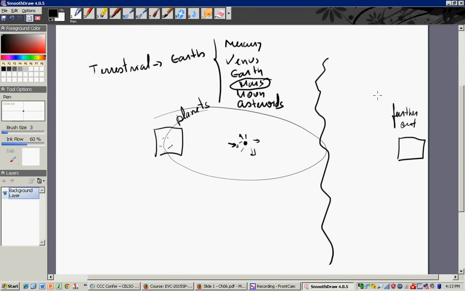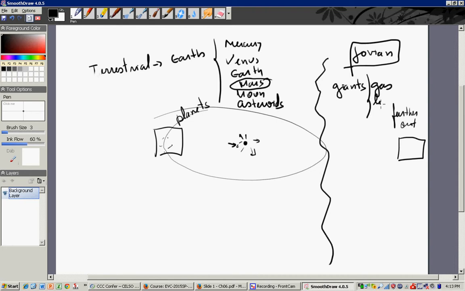Now, if you go to regions further out, we find the region of the Jovian planets, or planets that resemble Jupiter, sometimes called Jovians. In some books, they don't call them Jovians, but they call them giant planets, giant gas planets.